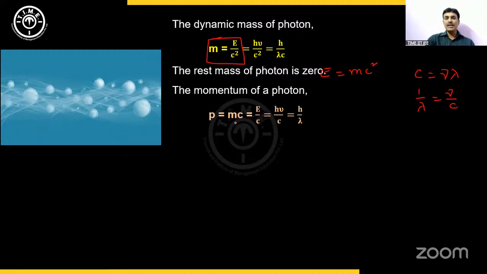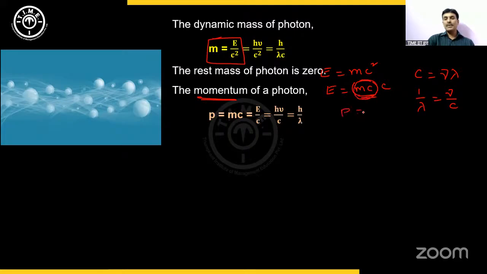What is the momentum of the photon? Momentum, simply, is the product of mass and velocity. So for a photon which is moving with the speed of light, if its dynamic mass is m, its momentum is m into c. Now from the relation E equal to mc squared, which can be written as E equal to mc into c, this mc is nothing but momentum.